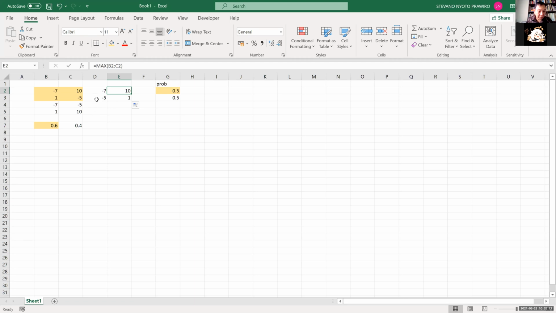So what is the maximum row? In row, you probably want to type maximum row somewhere, anywhere. You can put in, yeah, there, maximum row.